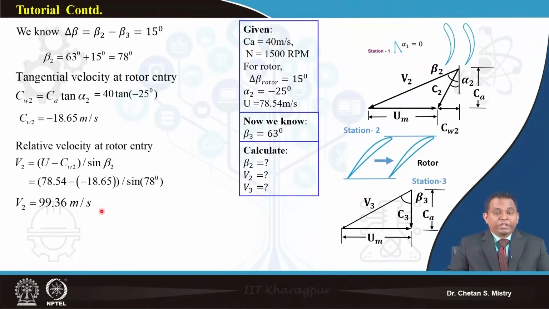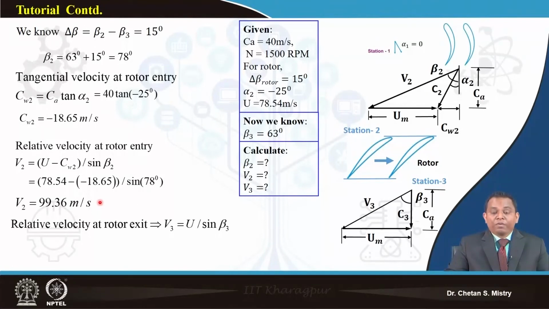This relative velocity is coming 99.36 meter per second. If you compare with the earlier number, when we had only rotor, this relative velocity was lower. Now, since we have provided an inlet guide vane, this relative velocity is going to increase.